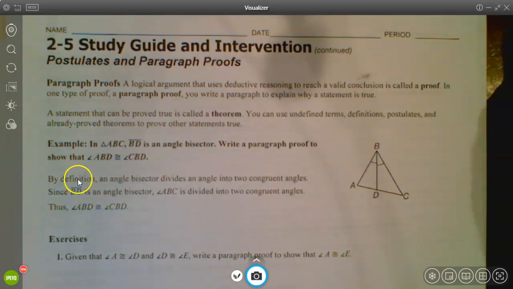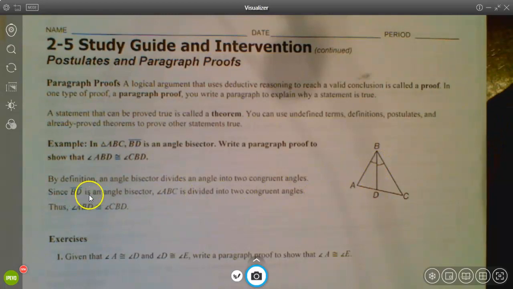This is what they said. They said, so by definition of an angle bisector, right? So we learned in chapter 1. You can look back at that definition, but the definition says the angle was divided into two congruent angles. So if you look at angle ABC, the whole thing, when it is bisected, the definition of the word bisect means that it was cut into two equal angles.